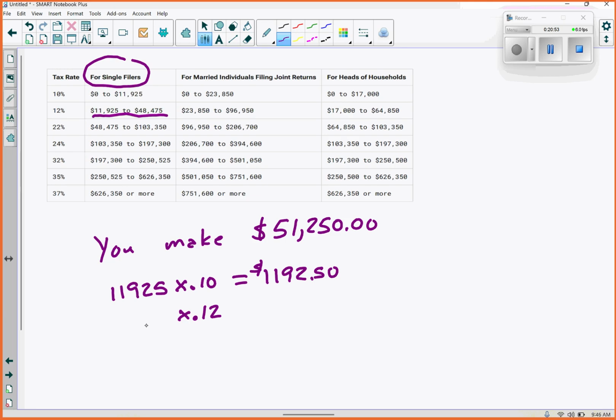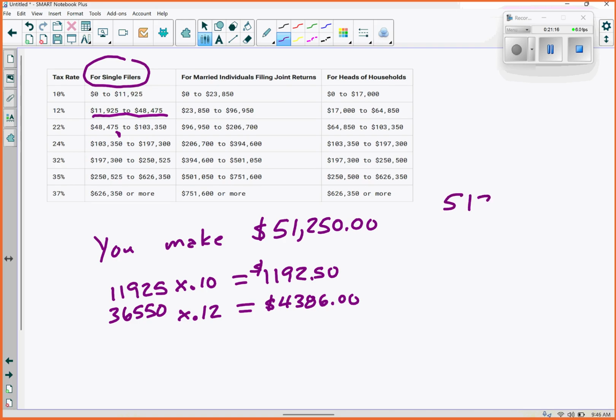Anybody subtract? 36,550. Will you multiply that times 0.12, please? 4,386. Okay. And then we're falling into here with our 51,000.